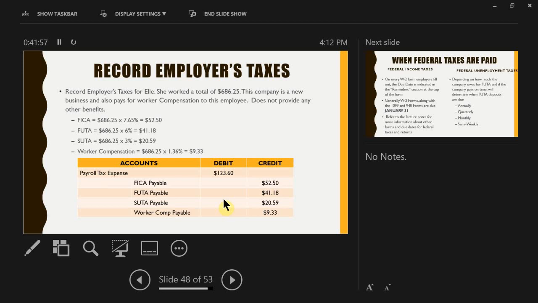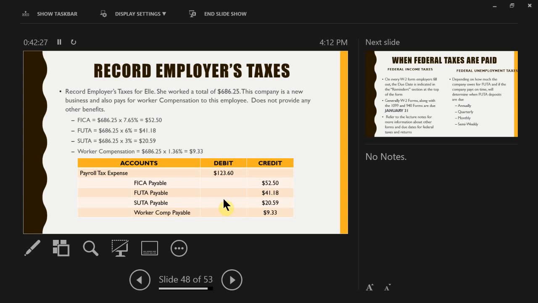For example, if L worked her job at $15.25 per hour and worked a full 45 hours, and it's weekly, she earned a total of $686.25. So that's going to be the base for every percentage you're going to be using. You're going to tax each percentage based off of that total gross earned income.